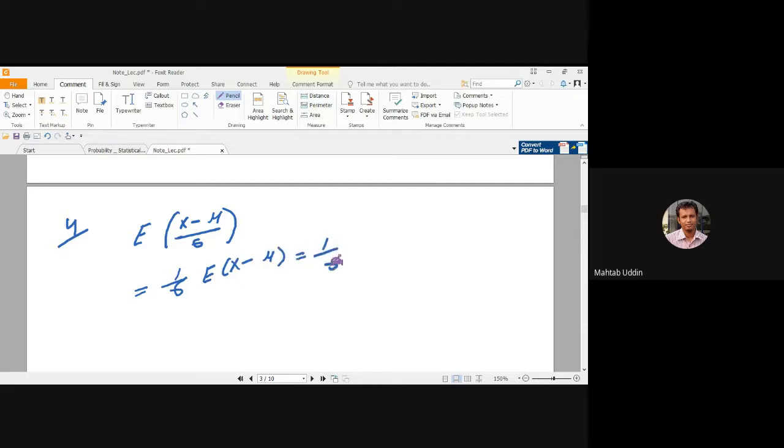Now expectation of x minus mu, with 1 by sigma constant, is 1 by sigma times mu minus mu, equal to what? 0, alright?